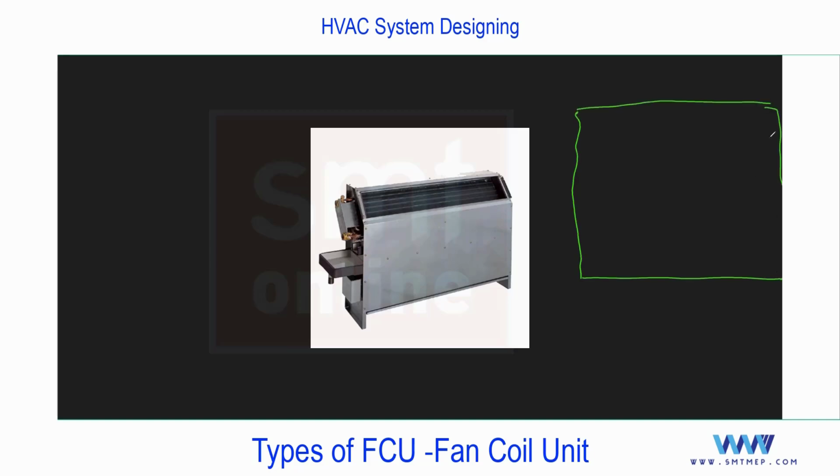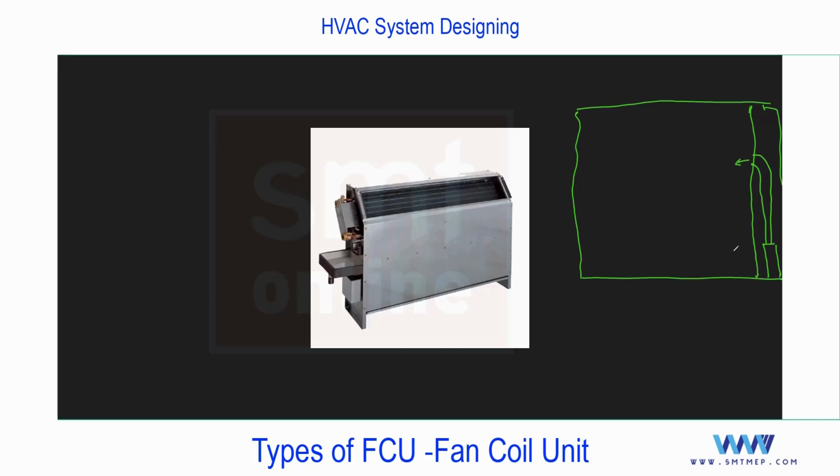Double height means there is no false ceiling, for example. So we'll make a partition here like this, and we place the unit and a piece of a duct which will connect to the grill here and supply air through this. So this is one example.